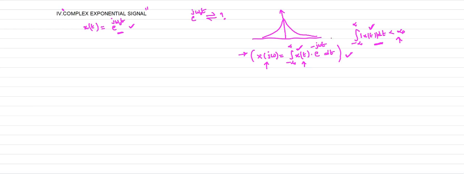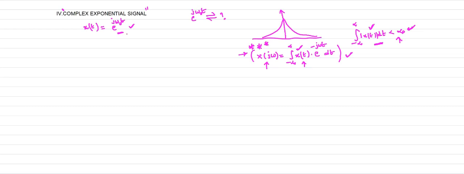Converged signal means it decreases in amplitude and finally reaches the zero value. That is the meaning of convergence. Or if you integrate the signal between minus infinity to plus infinity, you should get a value less than infinity. That is the meaning of absolutely integrable. Then only we can use this formula. Otherwise we cannot use this formula. Otherwise this formula is not valid.